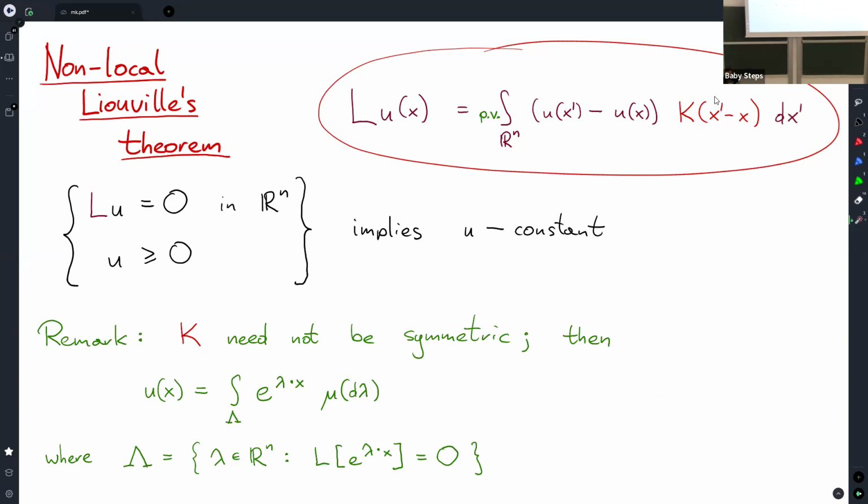So I would like to understand how big is this set lambda. Is it something like dimension 1 in R^n? In a sense, yes. I mean, that depends on the operator L, that depends on the choice of K. So if you have, say, the two-dimensional case, and you fix one direction, say that one, then along that line, of course, such an expression is given here.